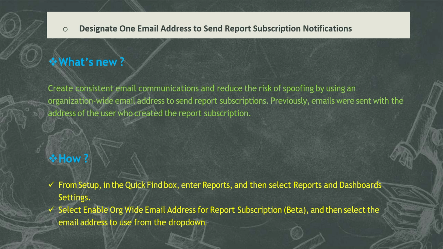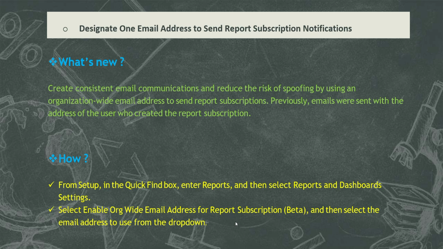Previously, only the user who created the subscription could receive that message. But in this new feature, in the organization-wide default, you can enter reports and dashboard settings and enable the organization-wide default email address for report subscription also.